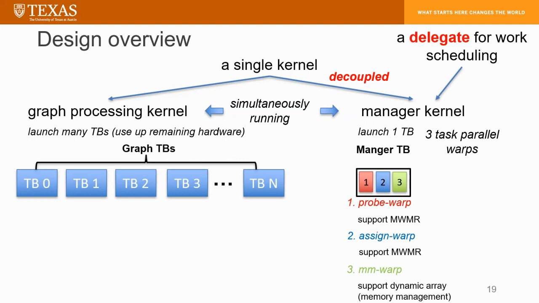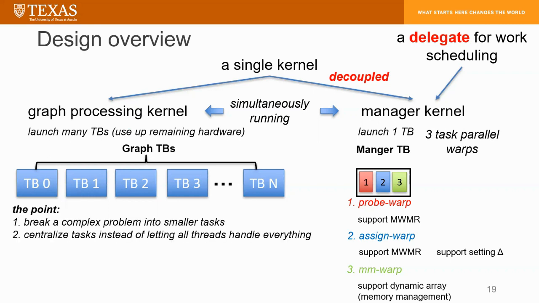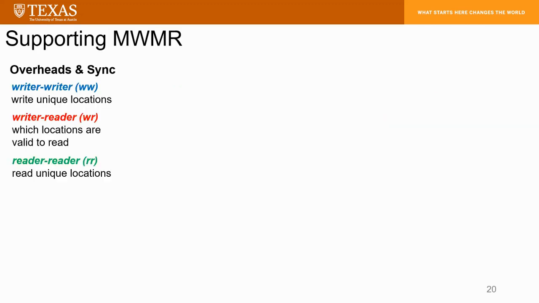And the third warp handles memory management for the dynamic arrays. And the assign warp is also responsible for setting the data value. So the key point is we break a complex problem into smaller tasks, and we want to centralize the tasks instead of letting all threads handle everything.